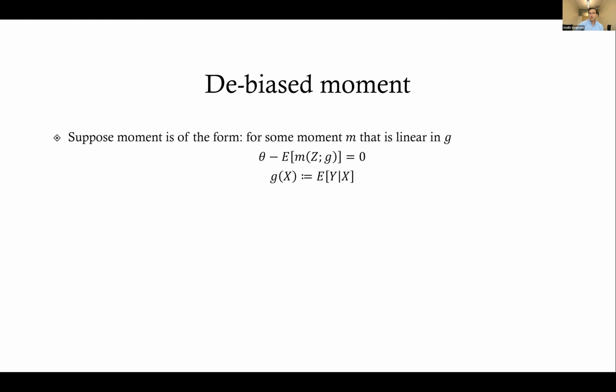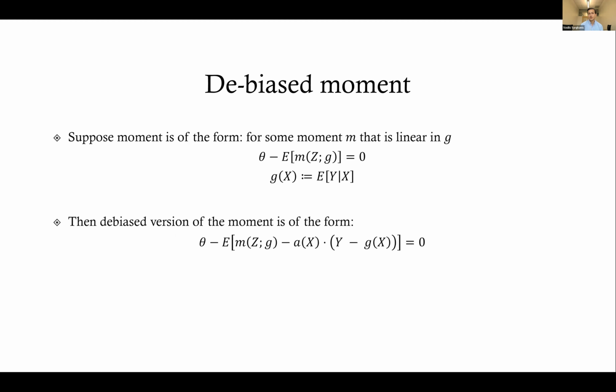To do that, we need to remove the bias from the estimation of g. Typical machine learning estimators will try to balance bias and variance, and that bias in the estimation of g is going to propagate into the estimation of theta, and the estimate of theta is not going to be centered and might also incur a large error because of the error of g.